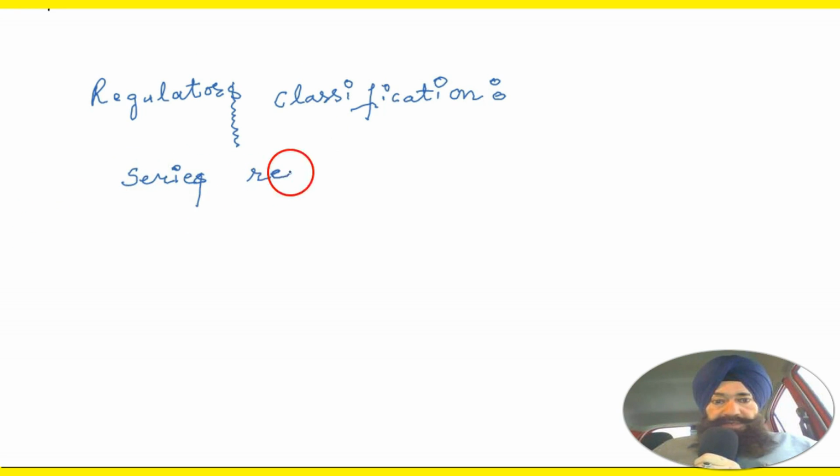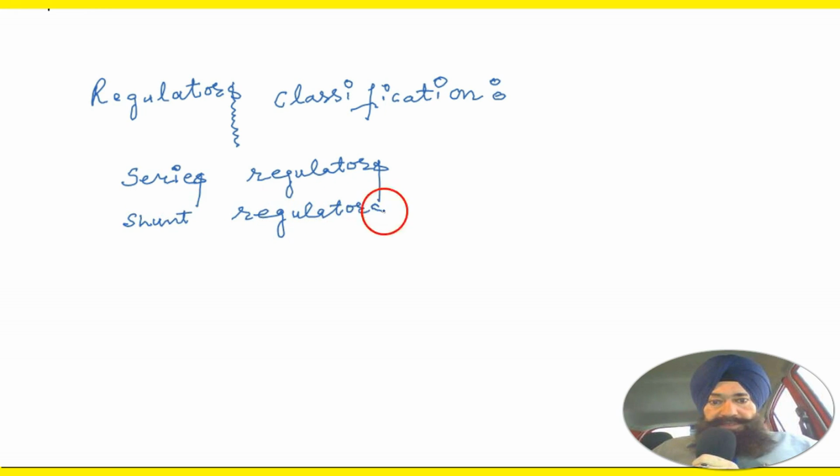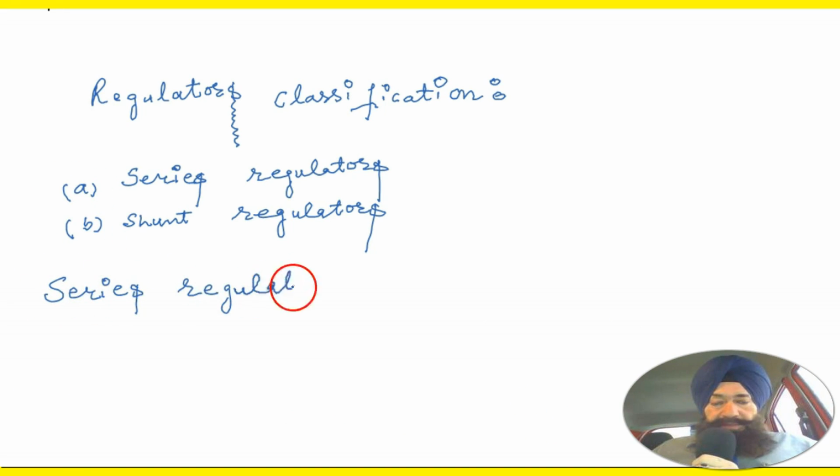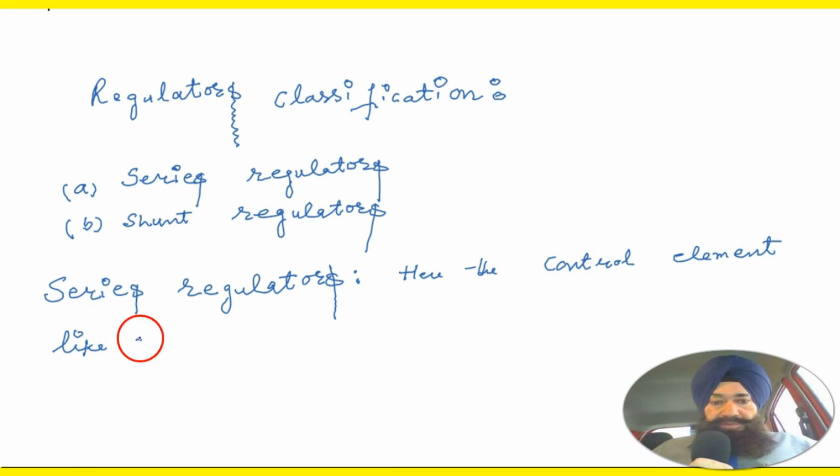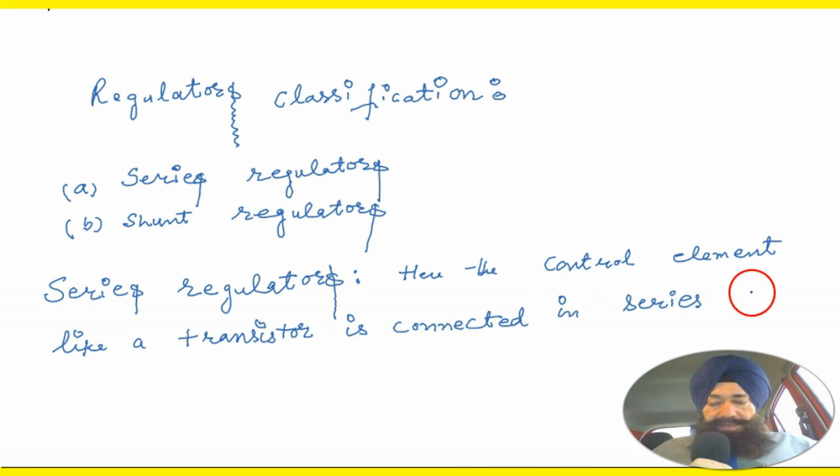Regulator classification. There are two types of regulators: series regulators and shunt regulators. You know what's the difference between the two? In the case of series regulators, there is a control element, like a transistor, and it is connected in series with the given load.